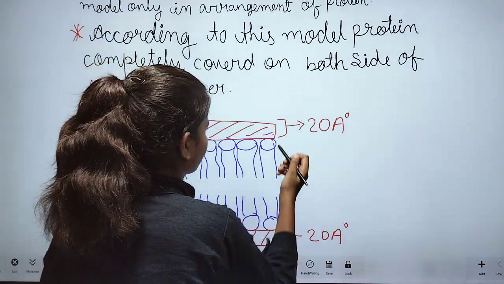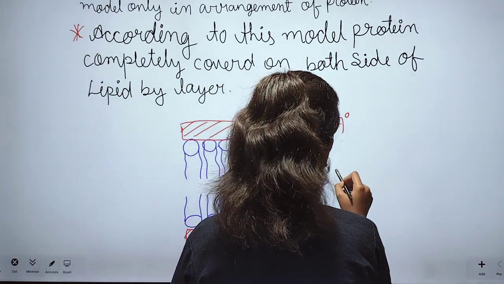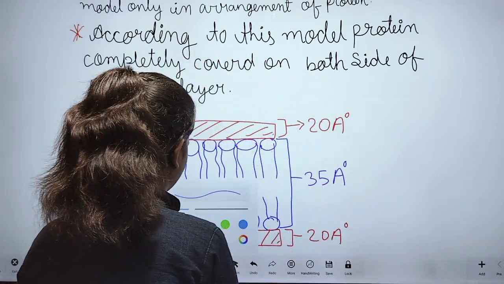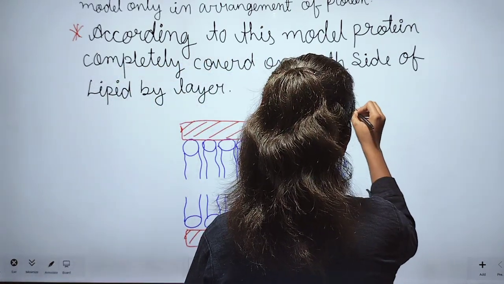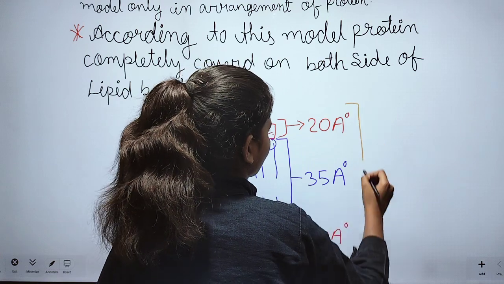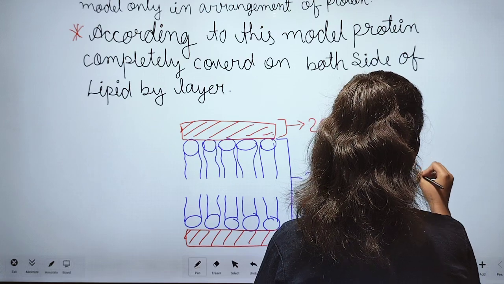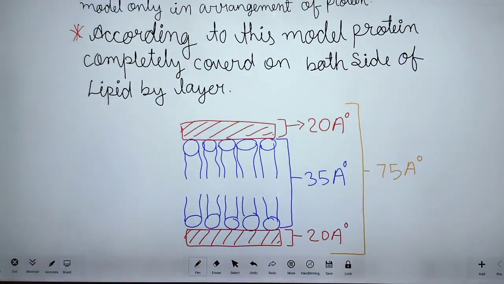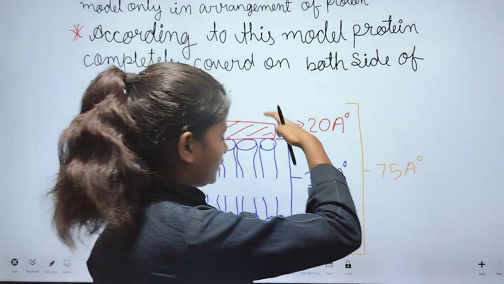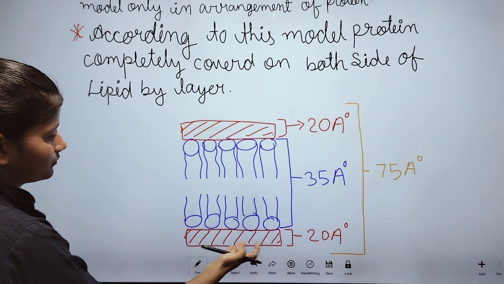This area is 35 angstrom, and the total is 75 angstrom, because the thickness of the plasma membrane is 75 to 100 angstrom.